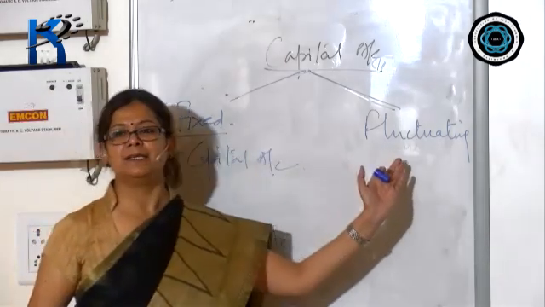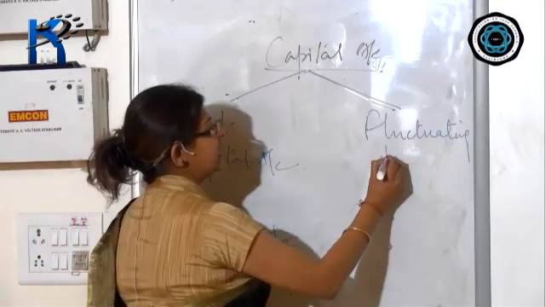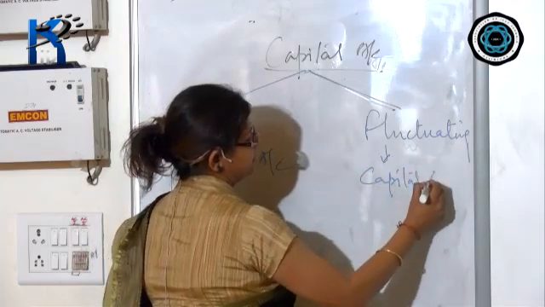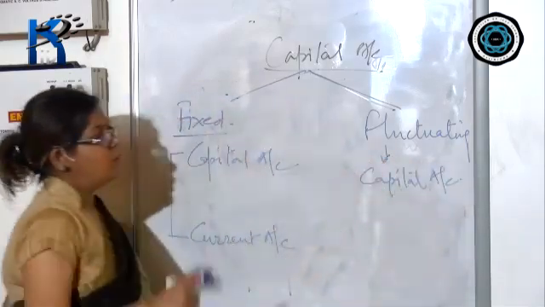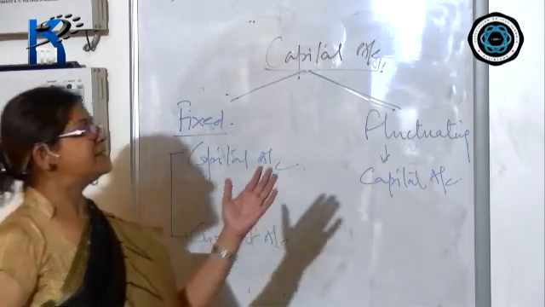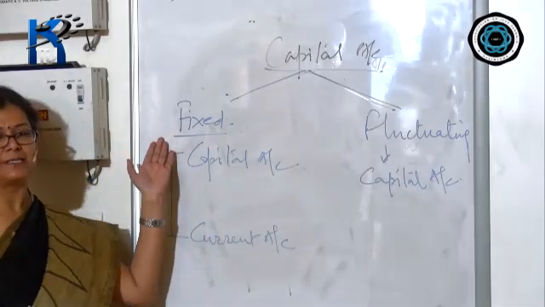But in case the capitals are fluctuating, we just have to prepare one account, which is the capital account of partners. So, when I talk about partners' capital account or partners' current account, I mean to say that the capitals are fixed.